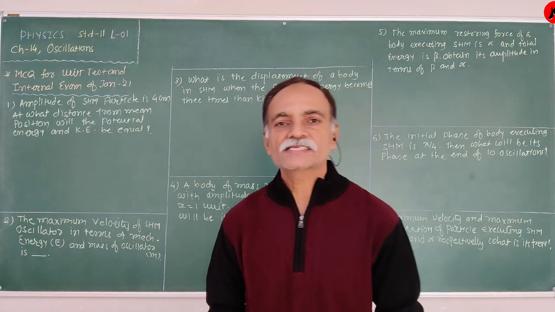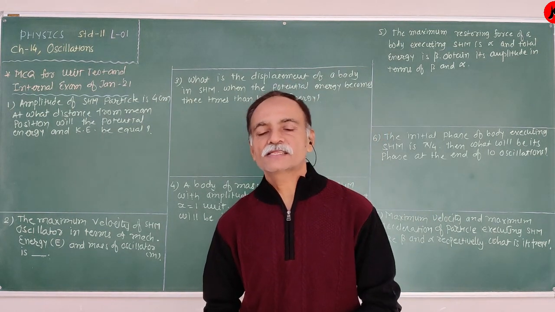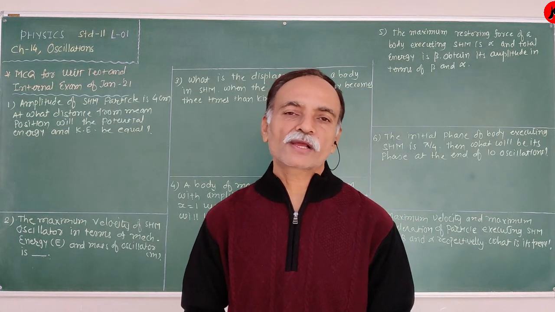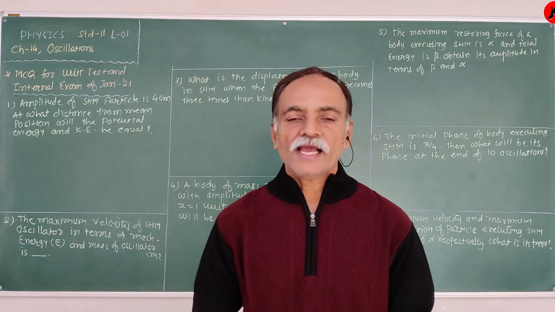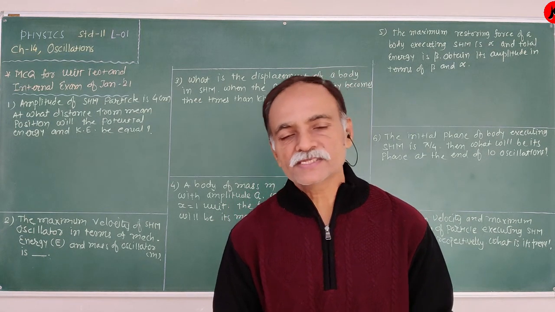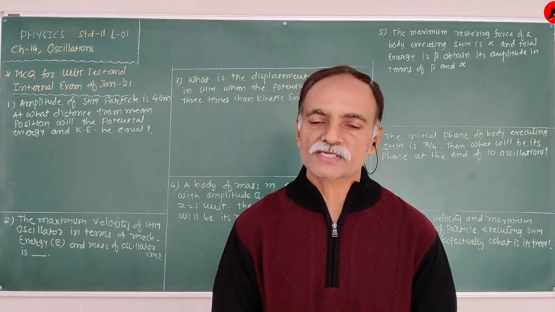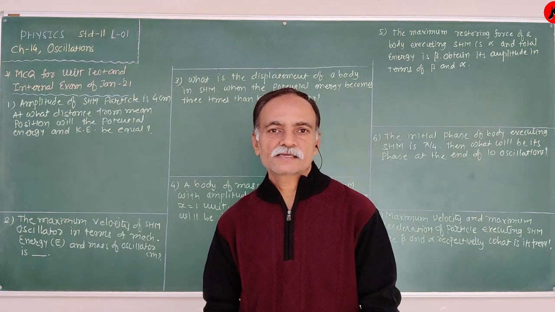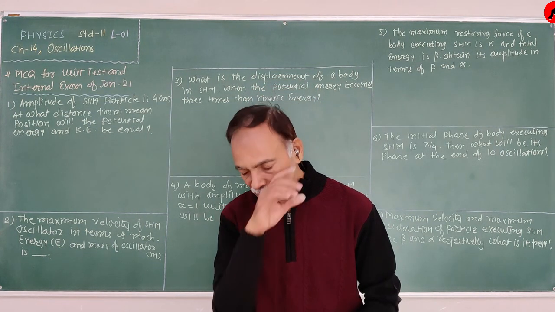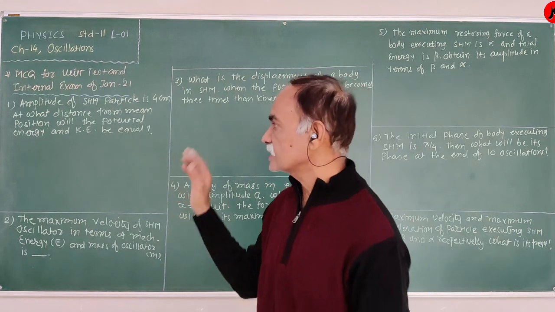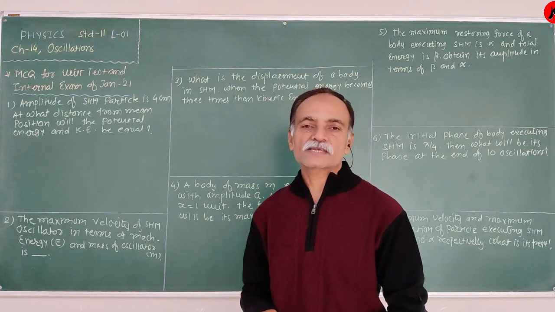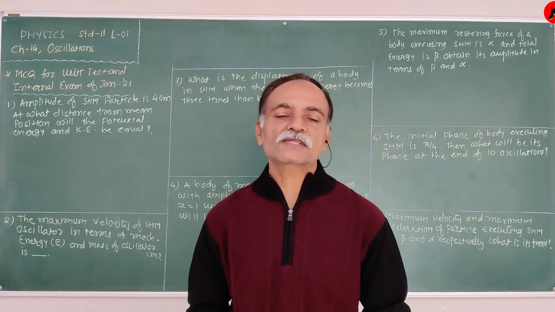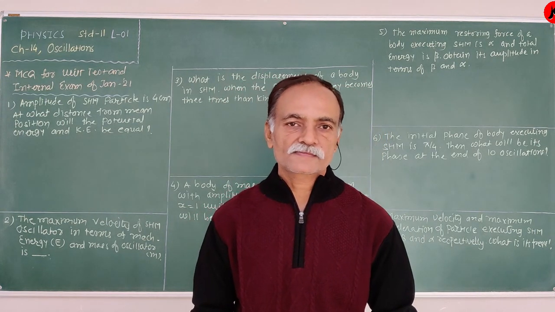What are the kinetic energy, potential energy and total, that means mechanical, energy of a simple harmonic oscillator? And what are the differential equations for simple harmonic motion, damped oscillation and also forced oscillation? Right? So keep in mind these points. We are going to discuss some MCQ type questions. The most probable questions in this chapter depend on simple harmonic motion.